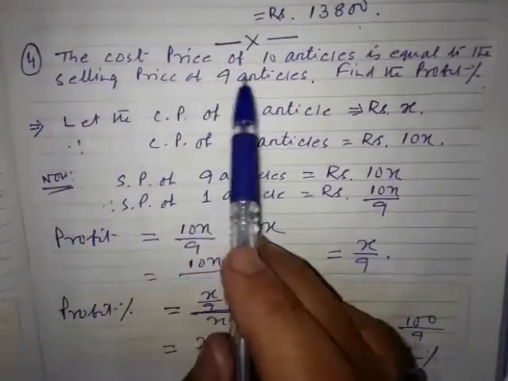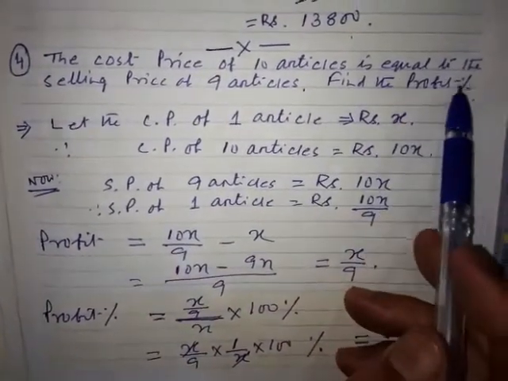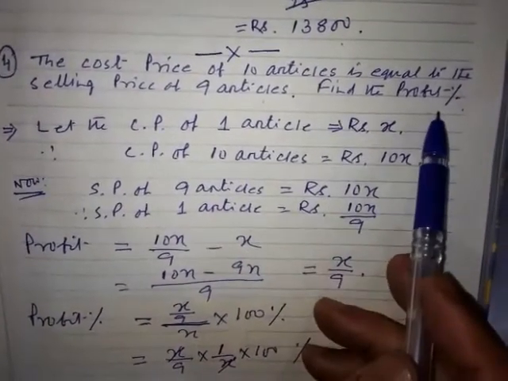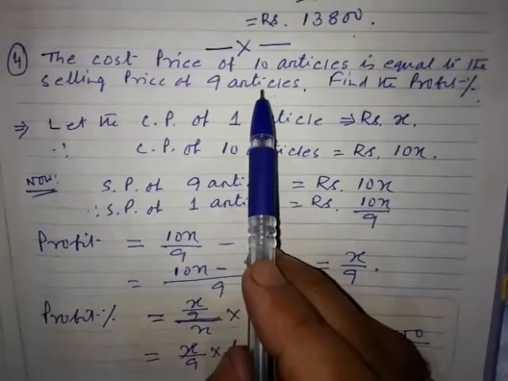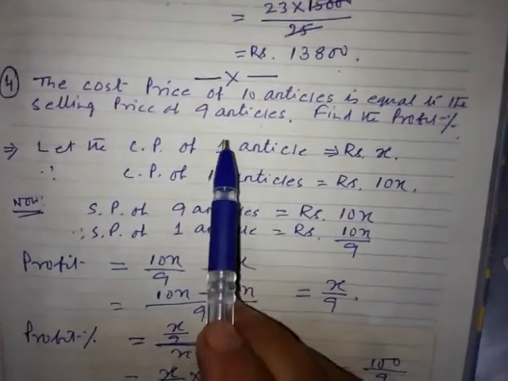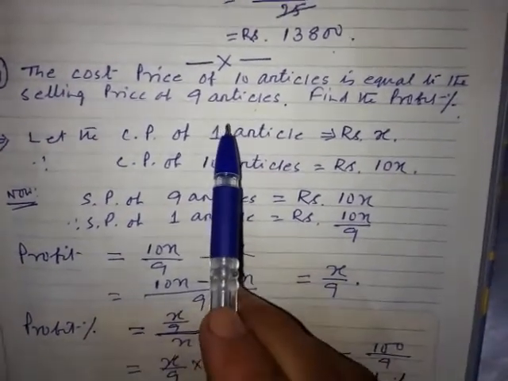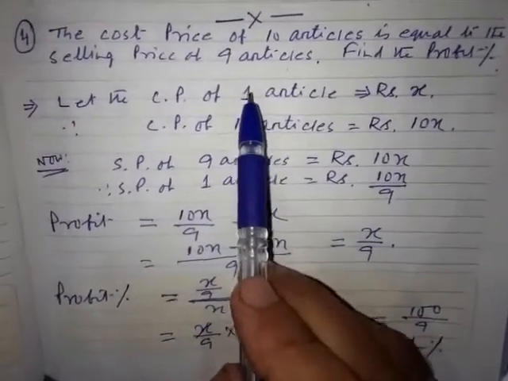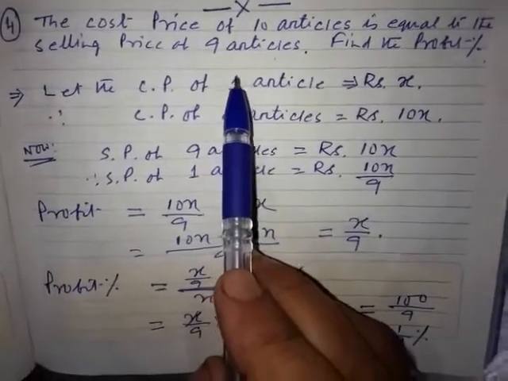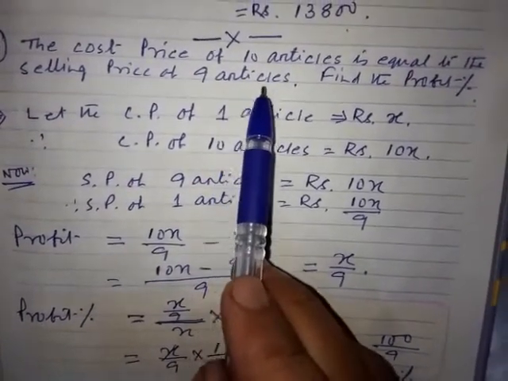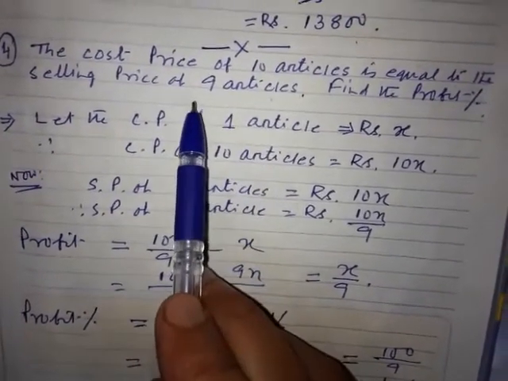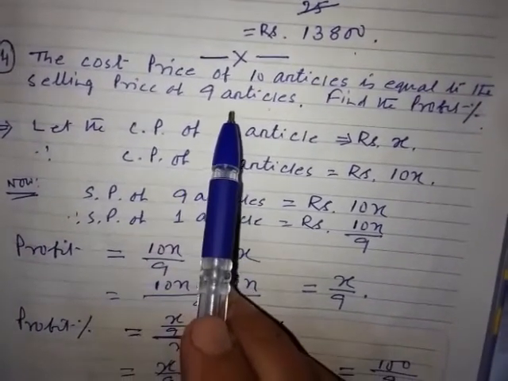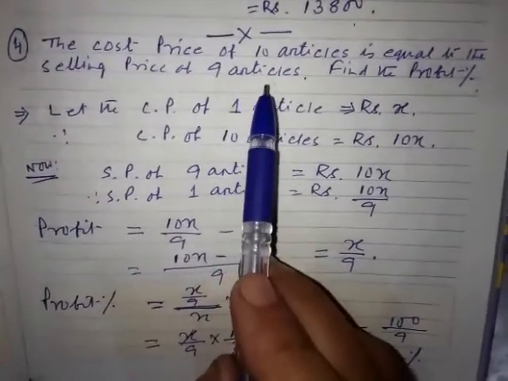The cost price of 10 articles is equal to the selling price of 9 articles. Find the profit percent. The first day when I took the classes, I explained this better. Whenever you are going to find the profit and loss, and the quantities in place of selling and in place of buying are different, you have to find the value of the same quantities.